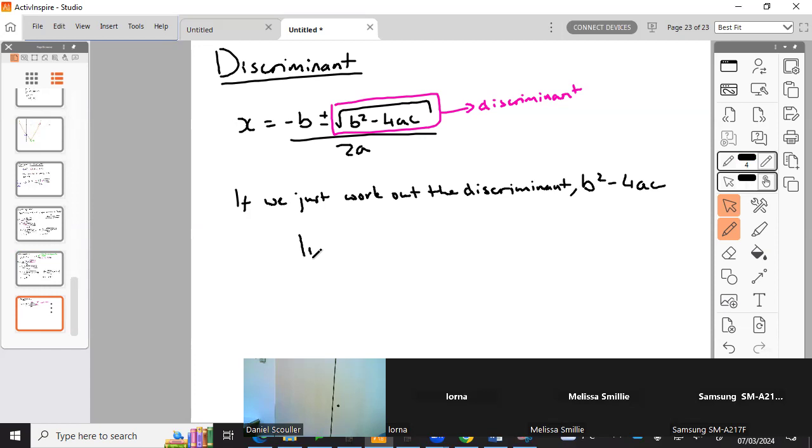So if b squared minus 4ac, the bit that's under the root sign, is greater than 0, if it's a positive number, essentially, then the roots are real and distinct.